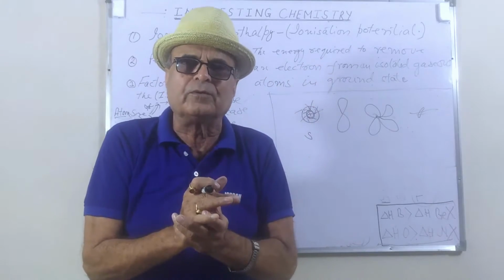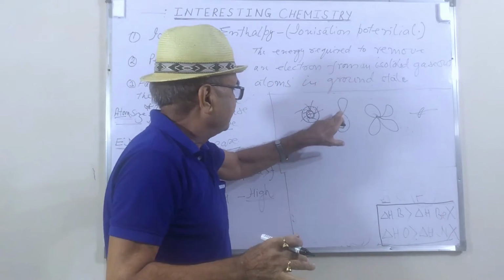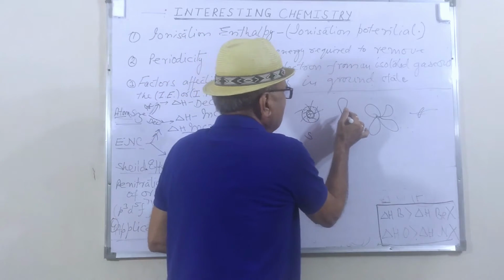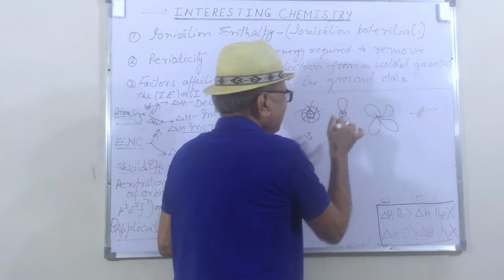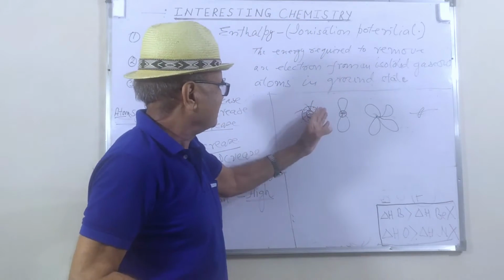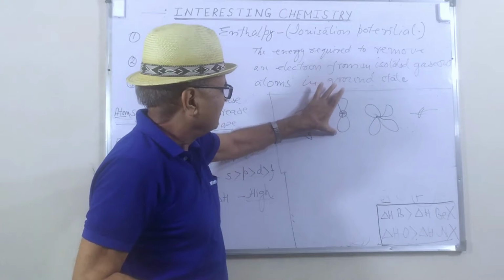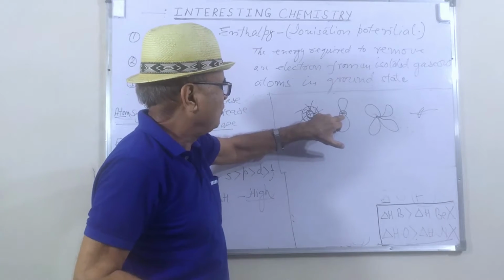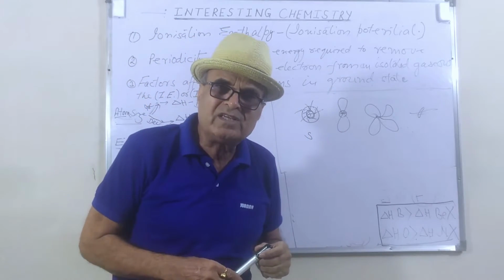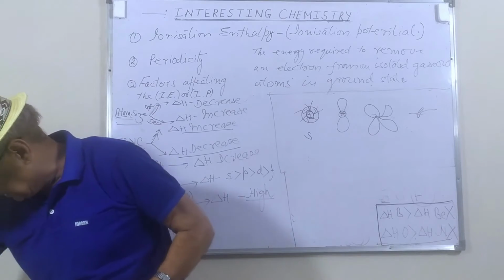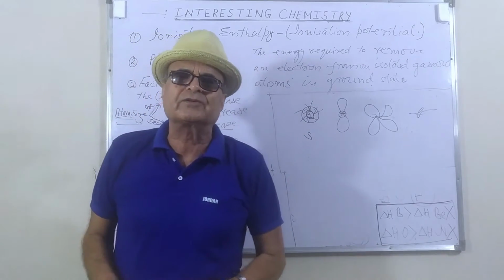So the size will go. And now here this is the dumbbell shape, and the nucleus is here. Do you ever visualize this structure? This is the dumbbell shape, and here I have shown you the nucleus. How is it possible? So please always visualize this.